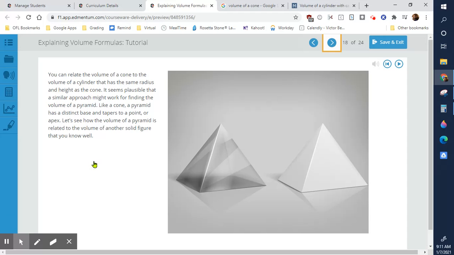I remember one of my art teachers said, actually, I don't think it was my art teacher, I think it was my architect teacher.